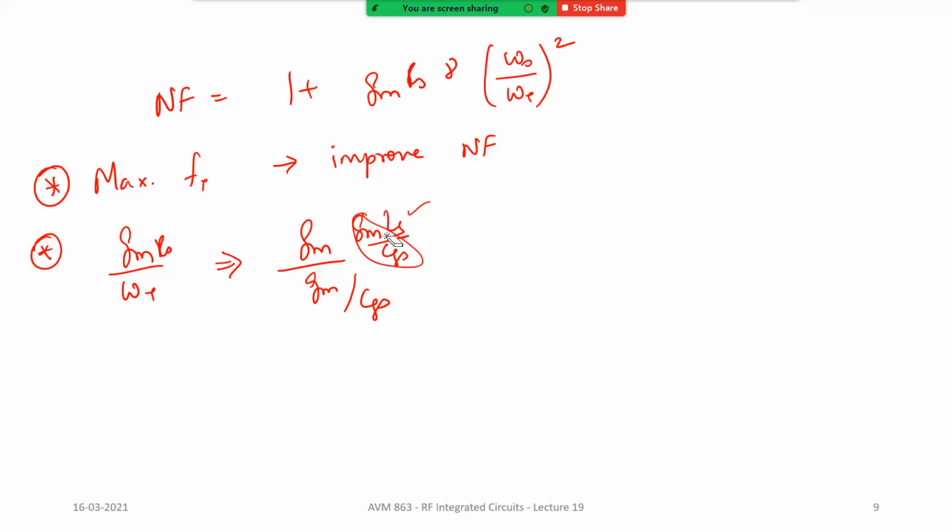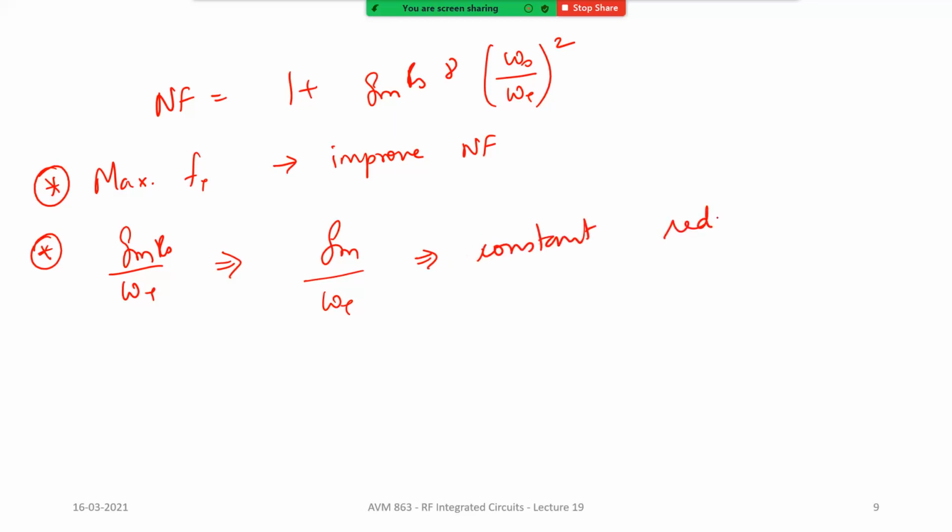If you want to, let's just stay with the GM by omega t ratio. So if you want to maintain this ratio, and if you want to reduce GM and at the same time you want to reduce CGS, right?